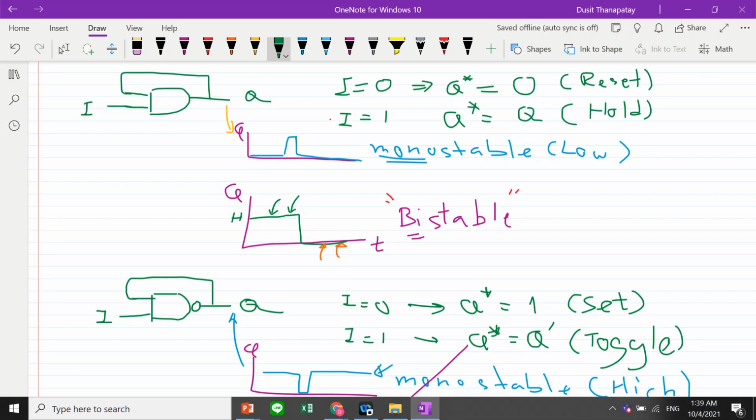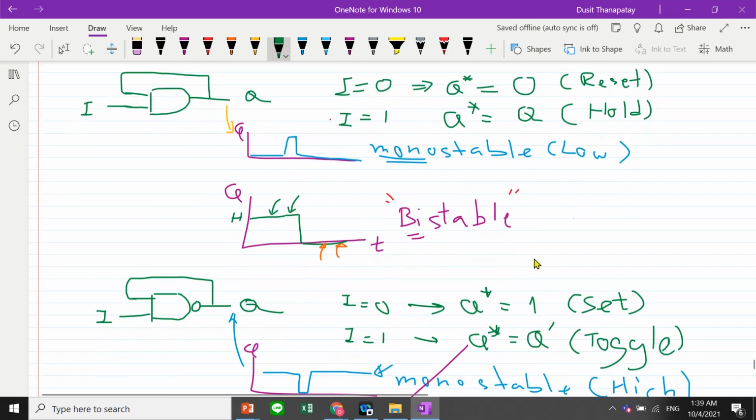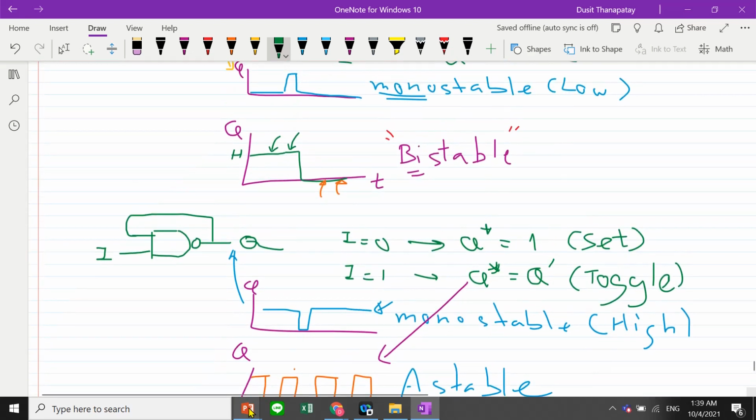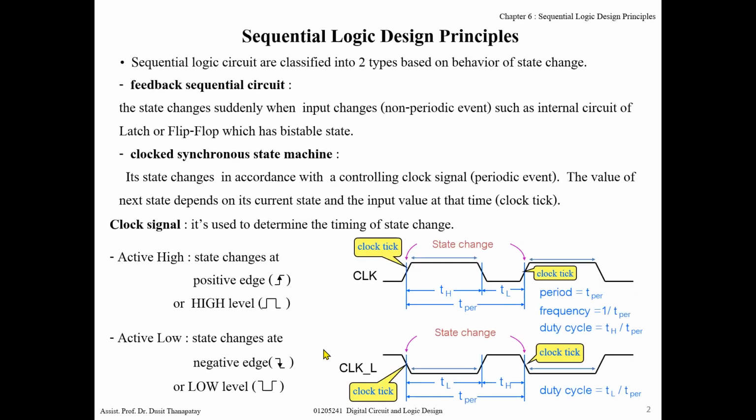Okay, so this is some basic technical terms that you should know and understand. Let's go back to the slide. For sequential logic design, there are actually many kinds, for example, feedback sequential circuit and clock synchronous state machine.